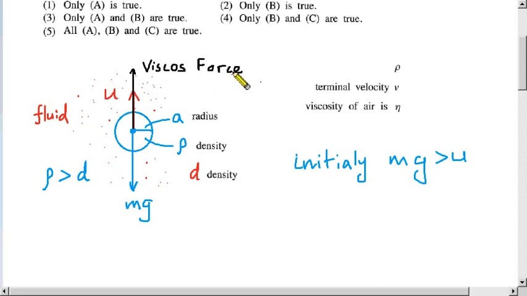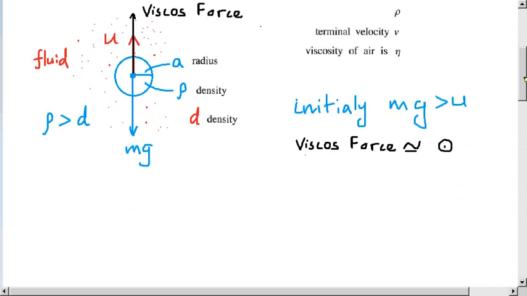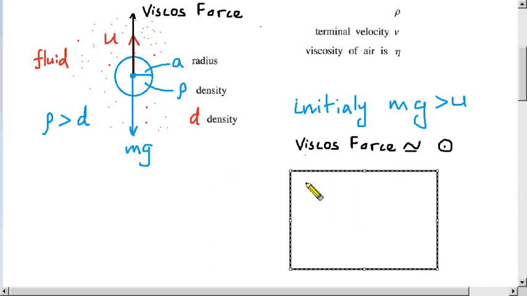So the viscous force is 0 at the beginning, because still it hasn't achieved any considerable velocity. Therefore viscous force is roughly 0, because it has not achieved any velocity, still it is little by little from 0 increasing its velocity.